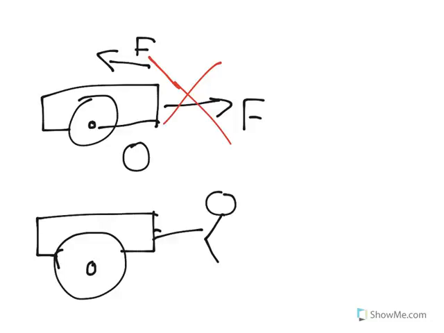So we're actually going with a guy pulling this because I can't draw horses. And he exerts a force forward on the cart, and the cart exerts a force backwards on him. So there are two forces, and they are in opposite directions, but they're not on the same thing. So the cart can move, and if he's standing on a sheet of ice, he'll just go sliding backwards.